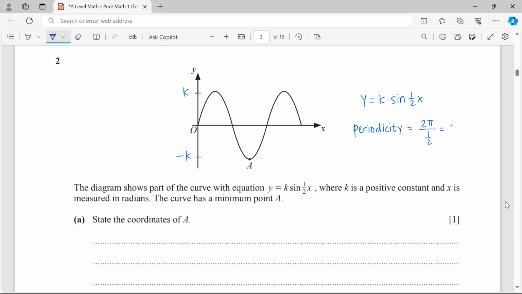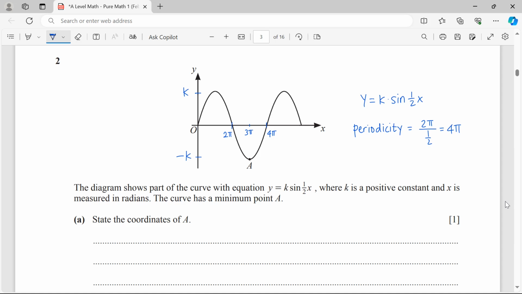So that means this is 4 pi. It means that this is 0 and this is 4 pi. Because we know that the graph is symmetric, that means this is 2 pi, and then A is here, so it is the middle of 2 pi and 4 pi. That means it should be 3 pi for the x value.